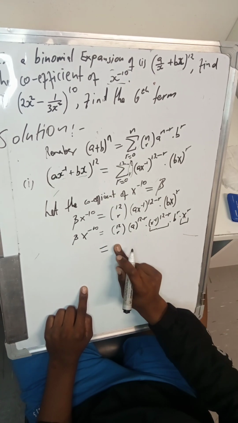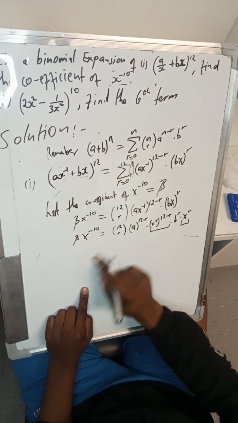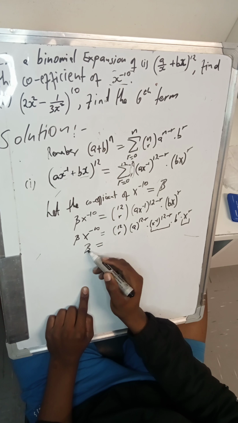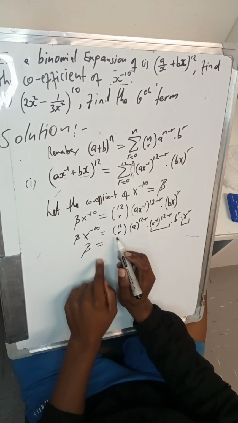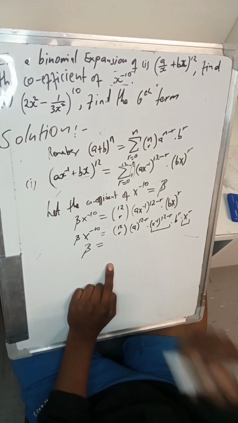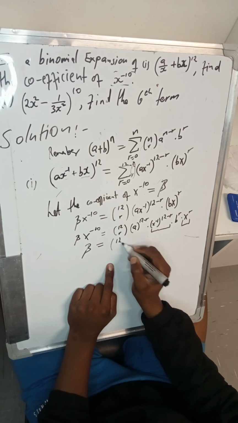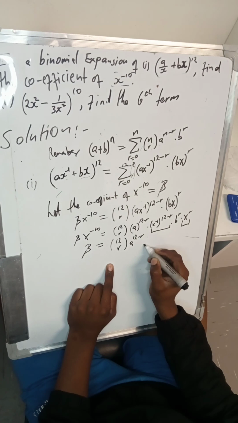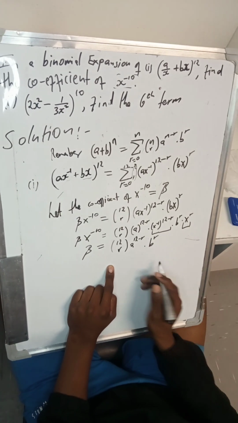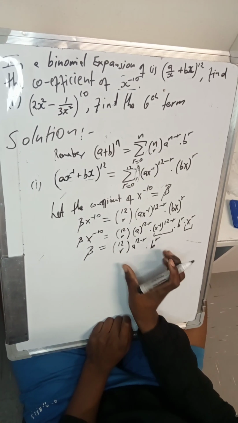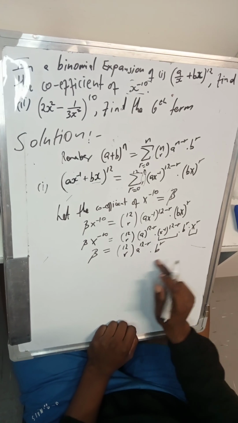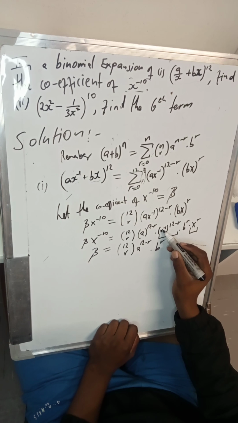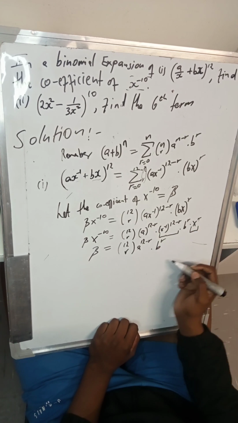So this means beta has to be equal to 12 choose r, a to the 12 minus r, times b to the r. Why? Because this here is the coefficient of this x and this x.